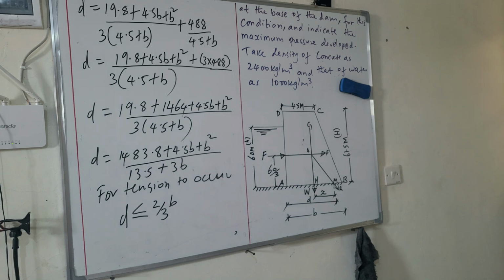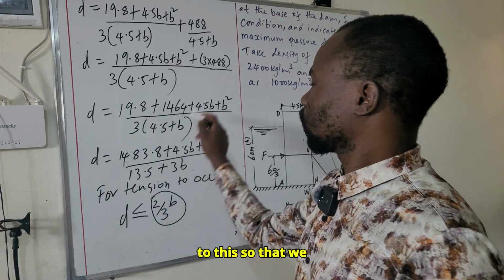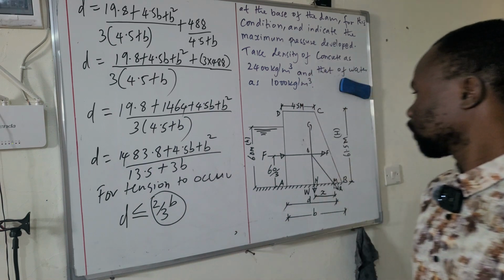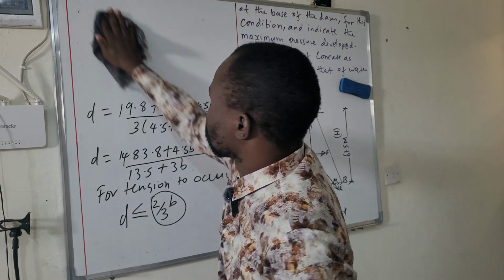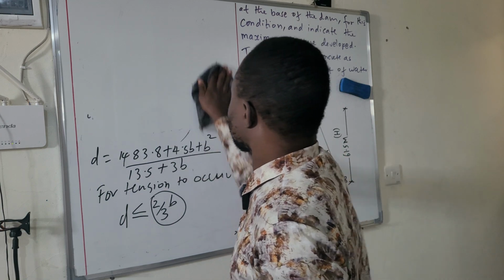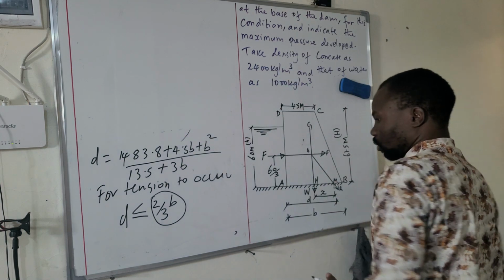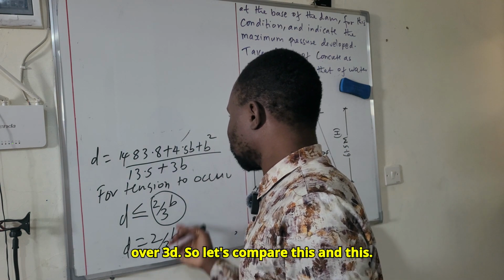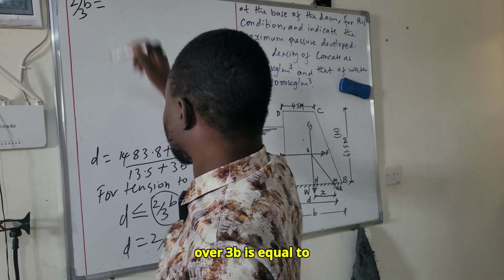So we want to relate this expression 2 over 3B to this, so that we can create an expression which will give us the value of B. So in other words, D is equal to 2 over 3B. So let's compare this and this.